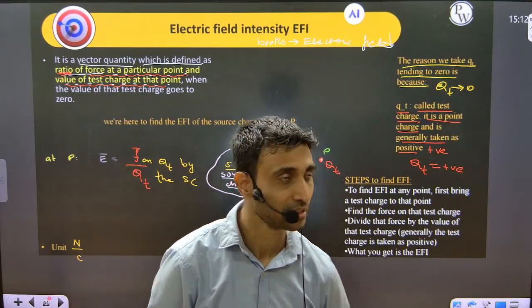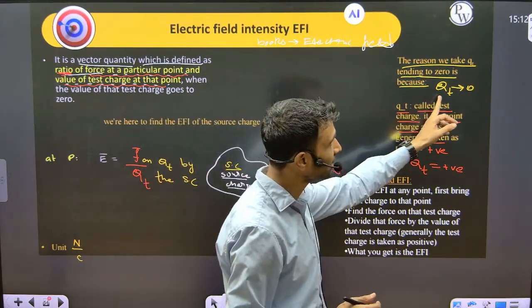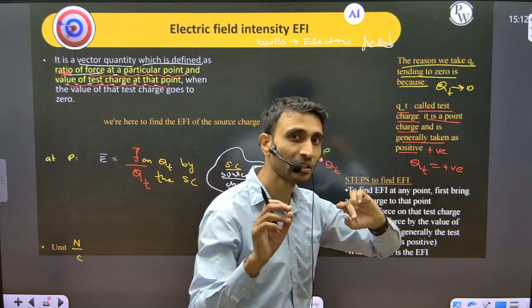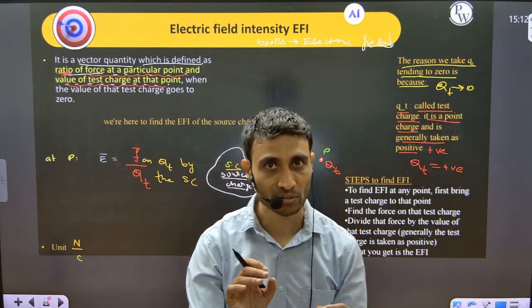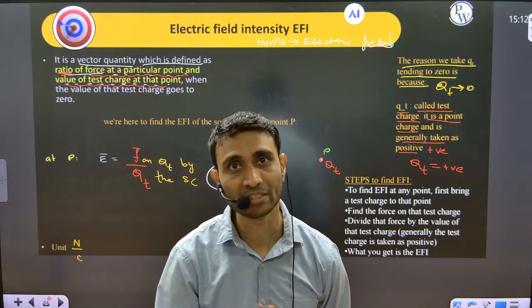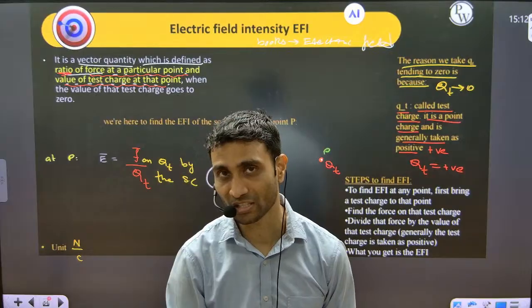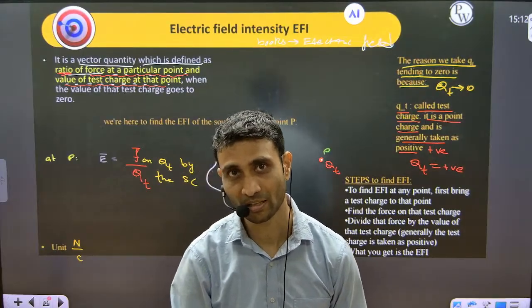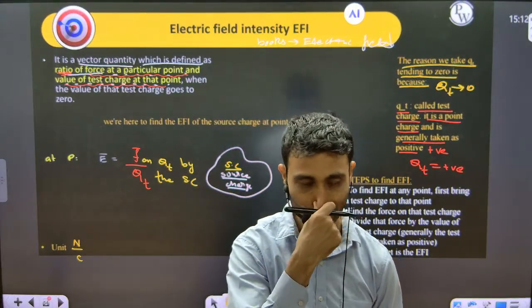Got it? That is why QT itself should be tending to 0, because QT is only here so that I could calculate the electric field of the original charge. I don't want to disturb the original charge. I want a small charge, that's why.